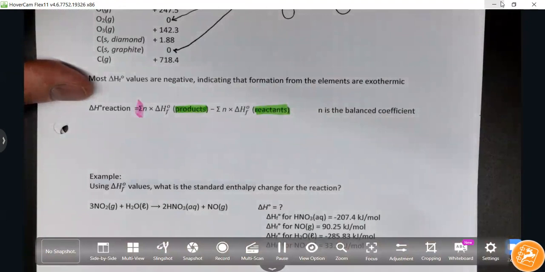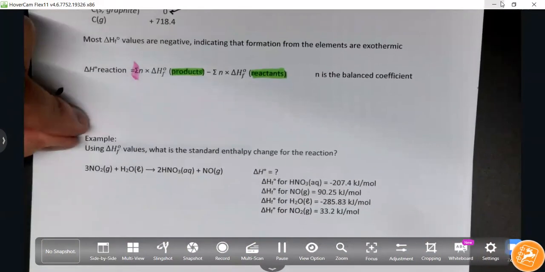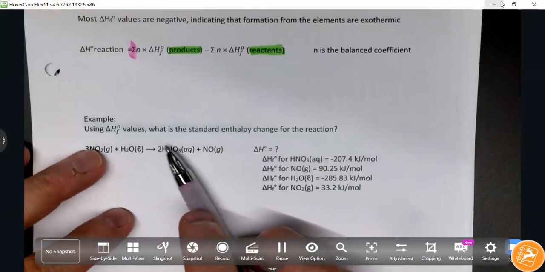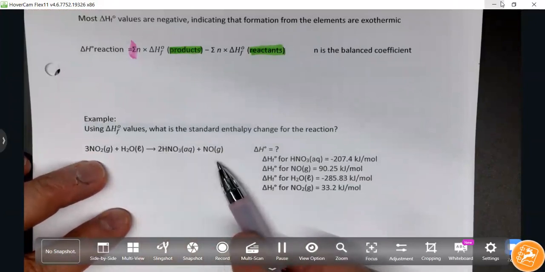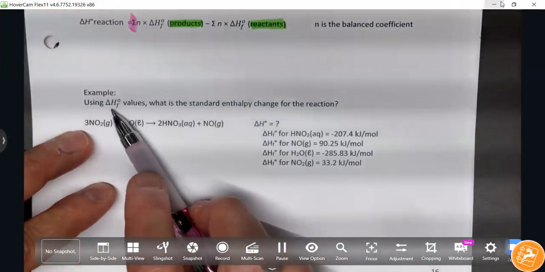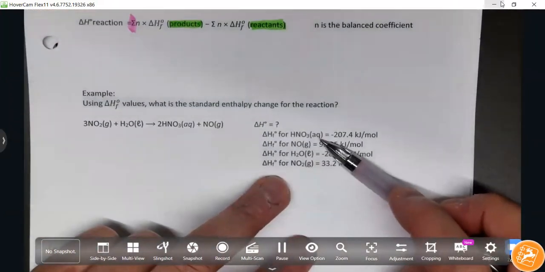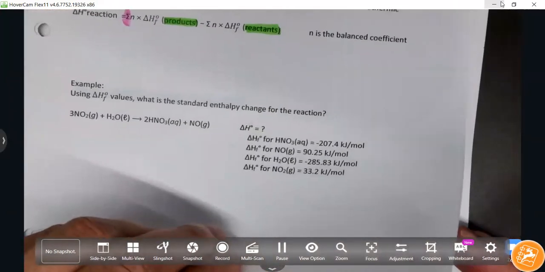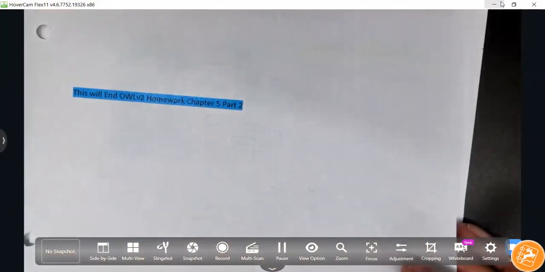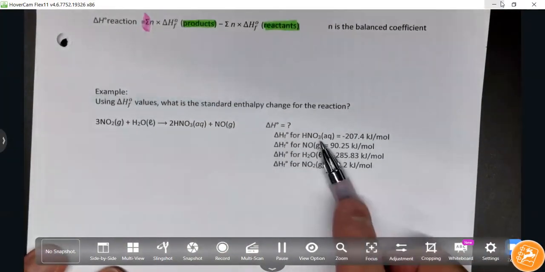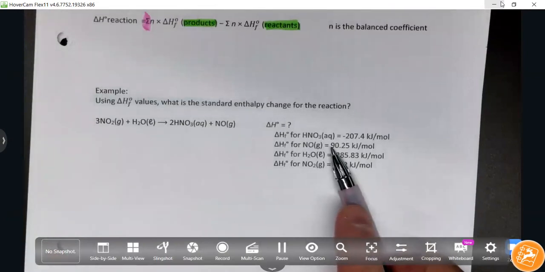So let's go in and explain this with this example, okay? So we want to figure out what the enthalpy of formation is for this reaction using standard enthalpy of formation values, and I have them right here. This is in the appendix, appendix G. It's in the appendix in the book, enthalpy of formation, you'll see it.